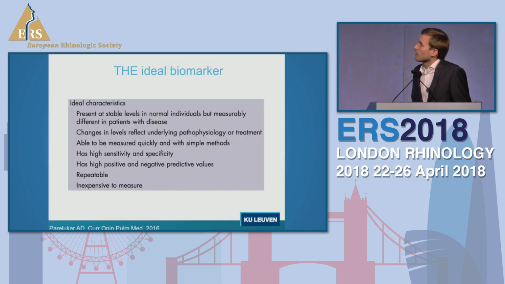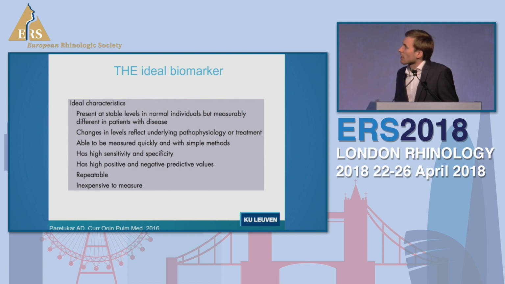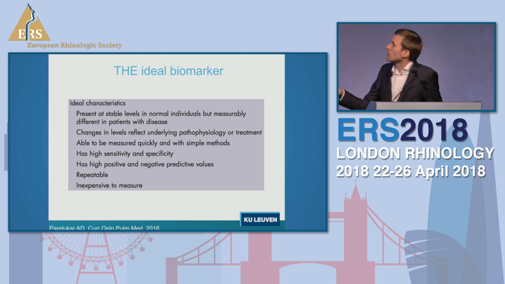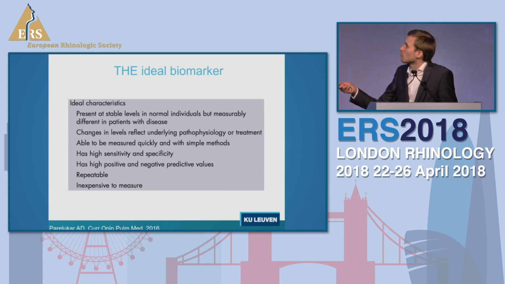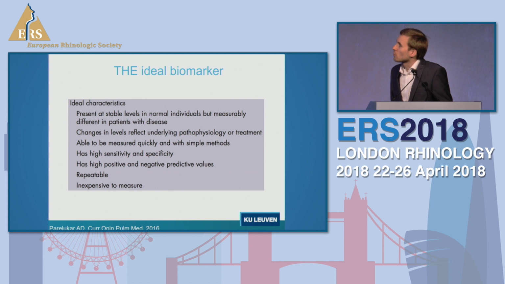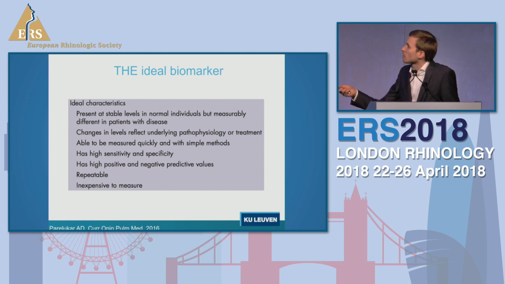So this table is nicely listing the key characteristics of an ideal biomarker. The first item I already covered. You want it to be stable in normal individuals and to be different in disease patients, which is the easiest one. Then we want that they reflect changes in the levels of the underlying pathophysiology or changes according to the treatment.